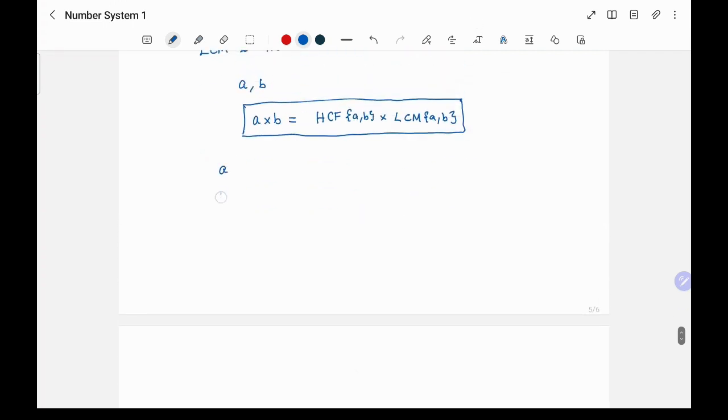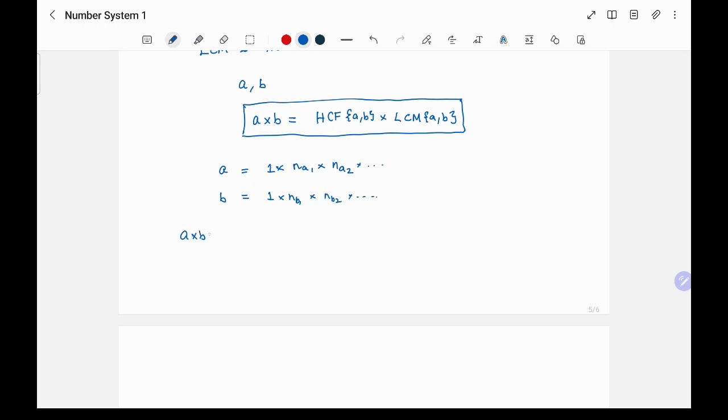Let's see. A and B, we'll write in the form of prime factorization. Let's say A is Na1 into Na2 and so on, and B is Nb1 into Nb2 and so on.